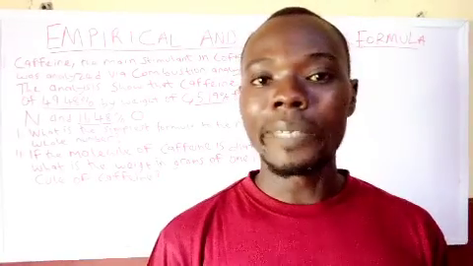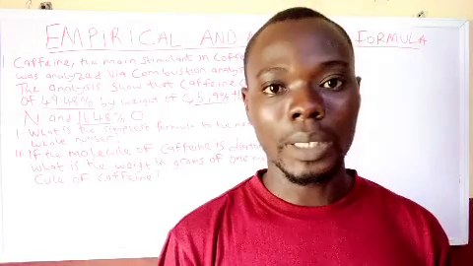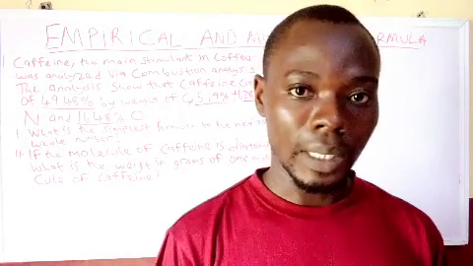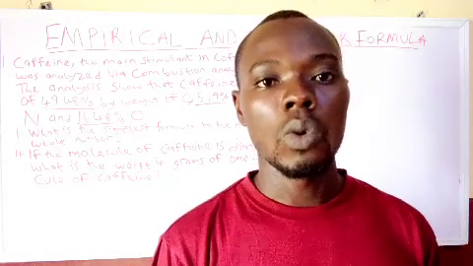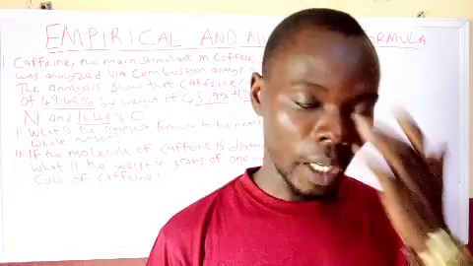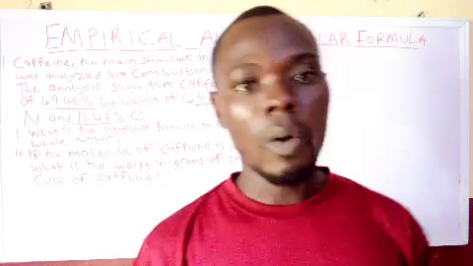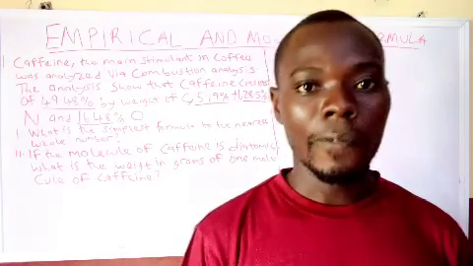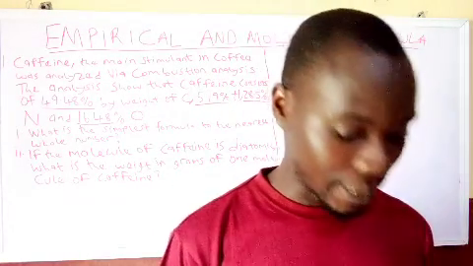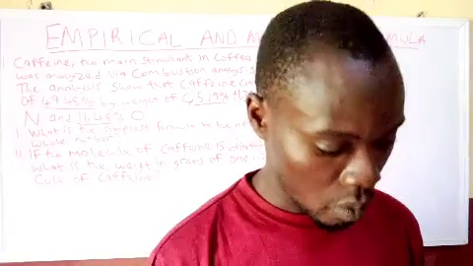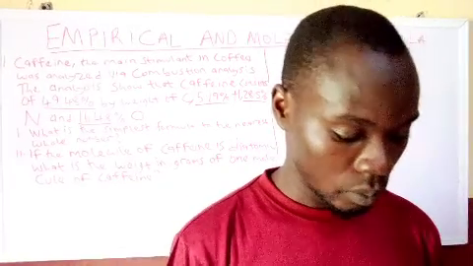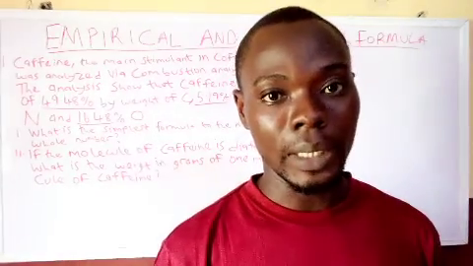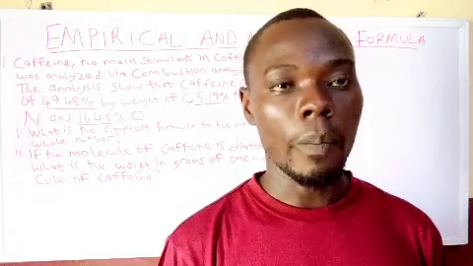It doesn't give the exact number of atoms of each element present in a compound. But when you're talking of molecular formula, it gives the exact number of moles of atoms of the component elements in a compound.